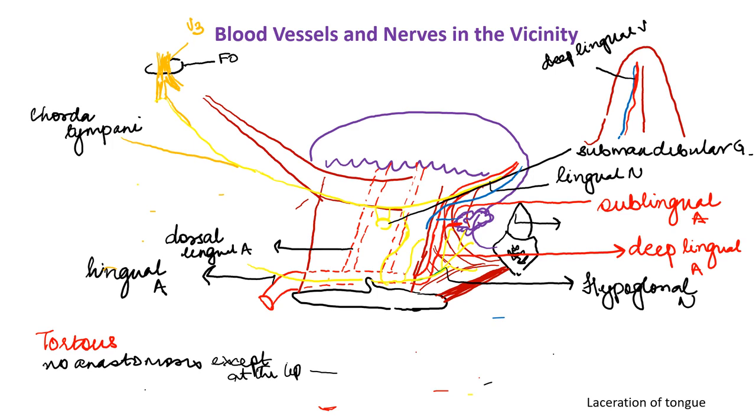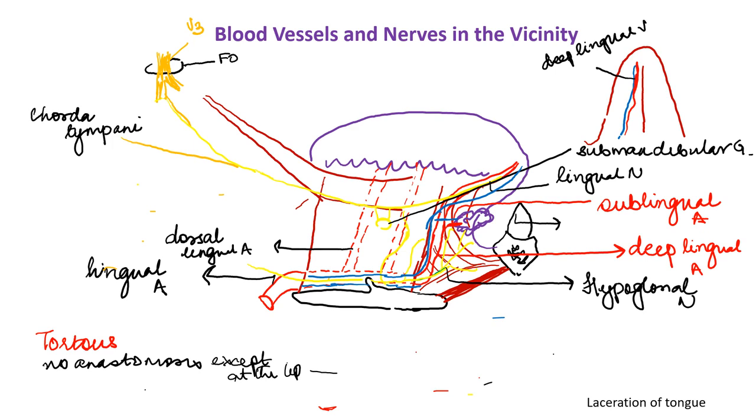A tributary of the sublingual vein joins it. Together, it forms the vena comitantes, which run along the hypoglossal nerve. The hypoglossal nerve is the only nerve in the body which has veins running along with it, two vena comitantes, which are tributaries of the deep lingual vein.